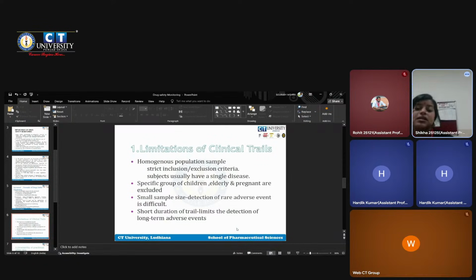Next, subjects usually have a single disease, which means in clinical trials the subject was only having the disease which was involved in the research. If that medication is used on patients who are having a disease with comorbidity, meaning two or three diseases collectively, or two or three metabolic or any kind of disease, the result may differ there also.